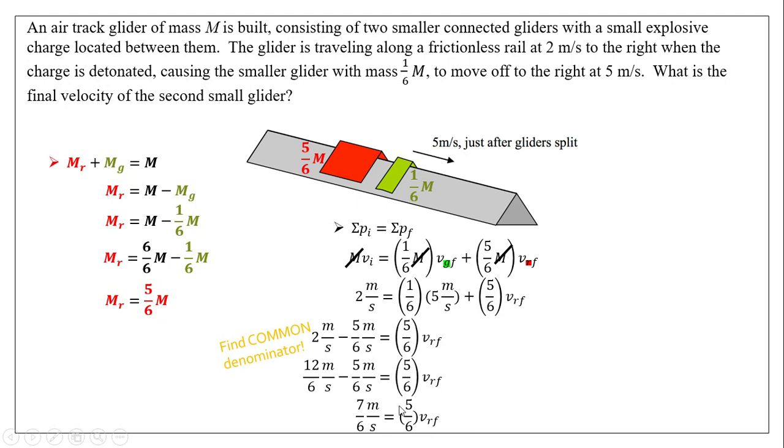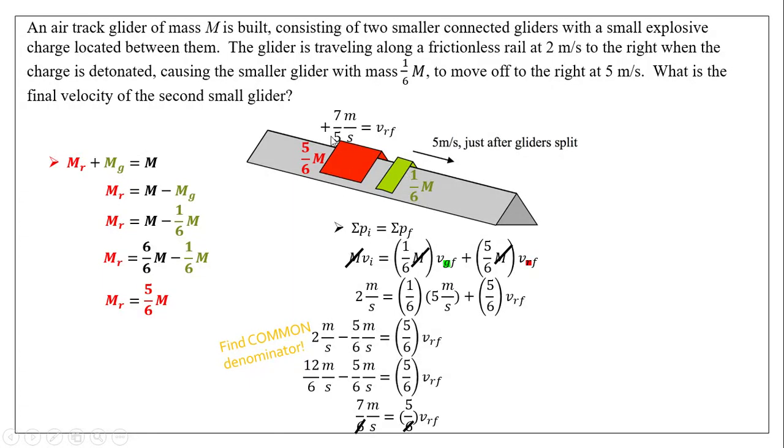But I notice here I have 7 over 6 and I have 5 over 6, so I'm just going to cancel the 6's out. So really, to get V_Rf by itself, I would need to get rid of this 5 that's in the numerator. To do the opposite operation, I would just need to divide. So you move this numerator 5 to the bottom left. So your answer is going to be, at the top here, 7 over 5 meters per second.